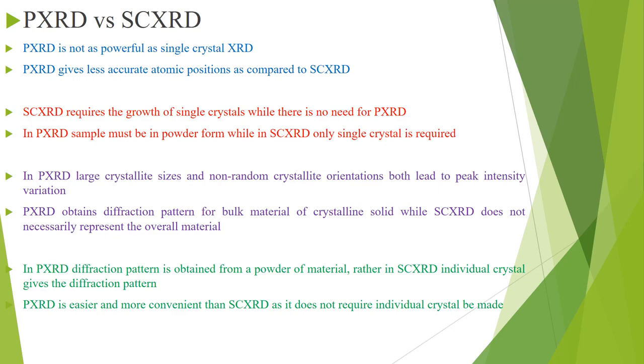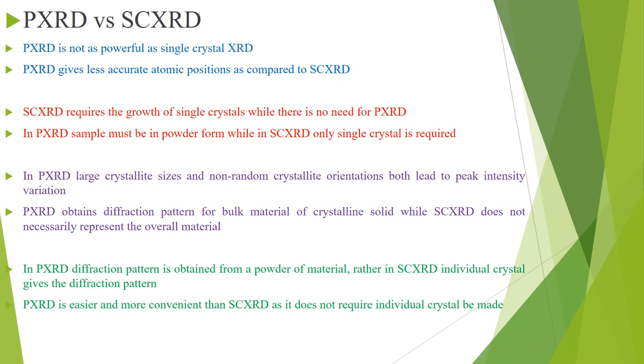In powder X-ray diffraction, the sample must be in powder form, while in single crystal XRD, only a single crystal is required. In the powder X-ray diffraction technique, large crystalline size and non-random crystal orientation both lead to peak intensity variation. And powder X-ray diffraction obtains a diffraction pattern for the bulk material of the crystalline solid, while single crystal XRD does not necessarily represent the overall material.